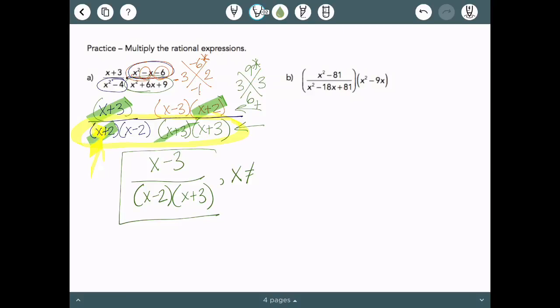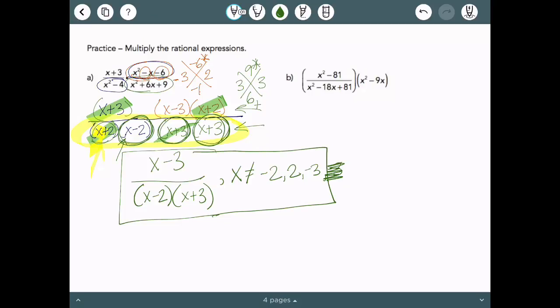The second one that would make it 0 would be 2. The third one would be negative 3. And the fourth one is negative 3 as well. We don't need to write it twice, so I'm just going to write it one more time. And then I have my final answer.